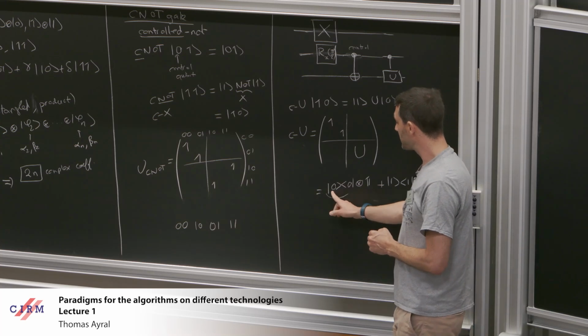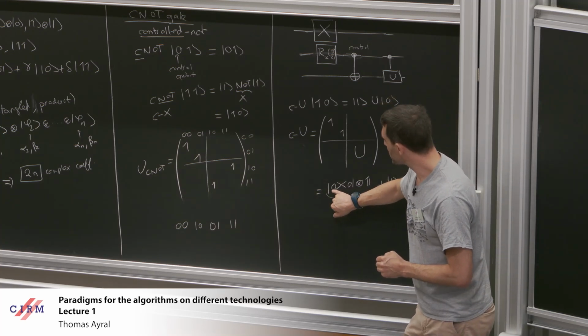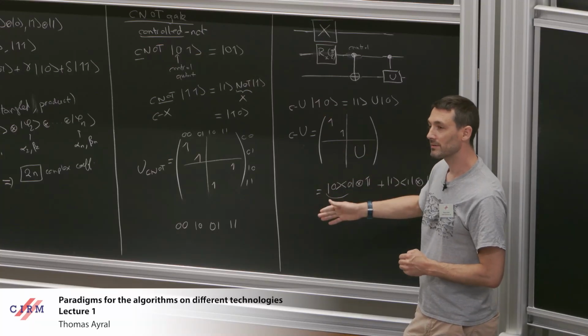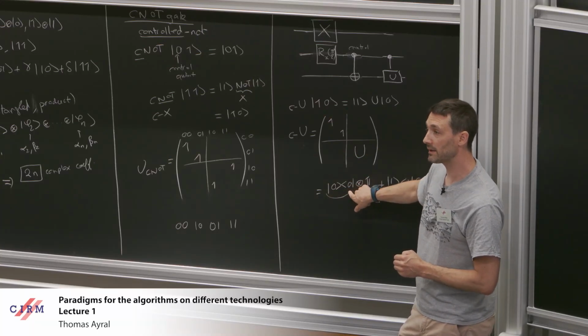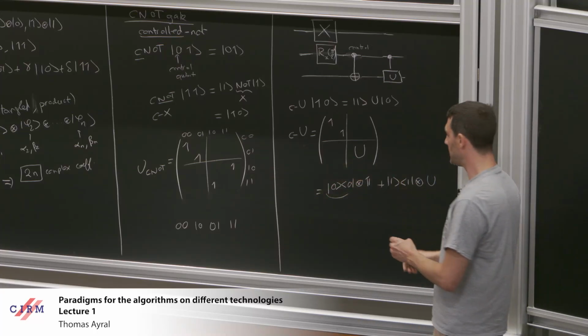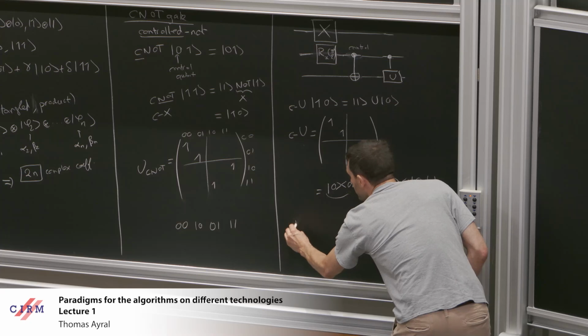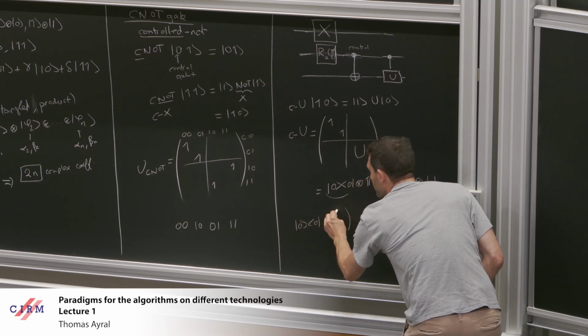And here you can check that, okay, this is something I didn't really define, but we think of these kets as column vectors, and of these bras here as a transpose conjugate. And so when you do a transpose conjugate, you turn a column vector into a line, so that here you really have to think of 0, 0 as column vector corresponding to the first vector in my basis.